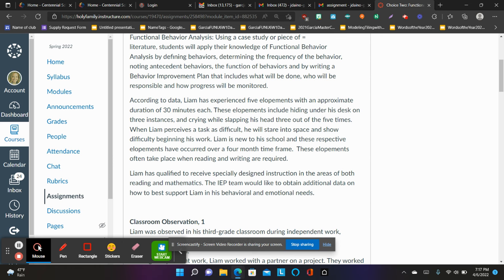According to data, Liam has experienced 5 elopements with an approximate duration of 30 minutes each. These elopements include hiding under his desk on 3 instances and crying while slapping his head 3 out of the 5 times. So I'd like to define what an elopement is in terms of the behavioral world.